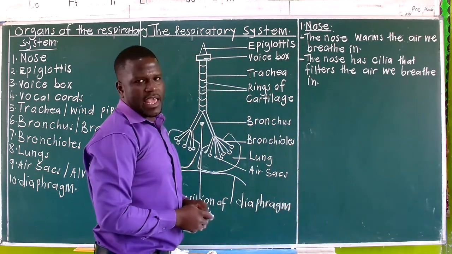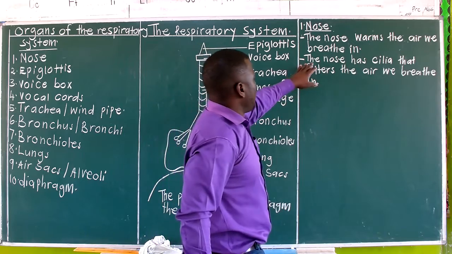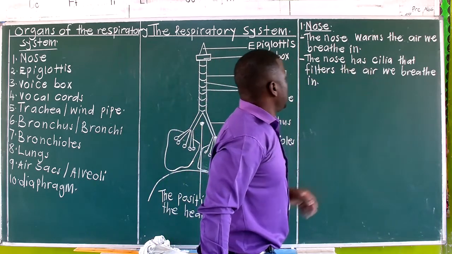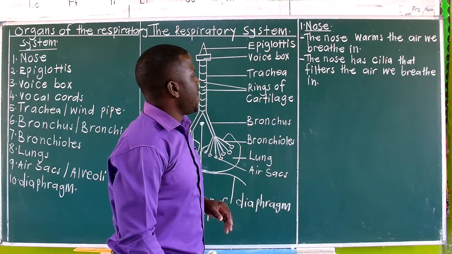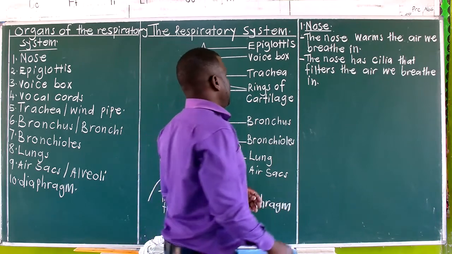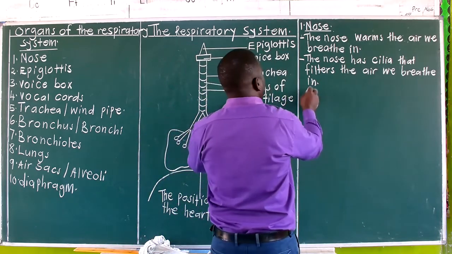The nose warms the air we breathe in. Then the nose has cilia that filters the air we breathe in. Cilia is the hair found in the nose.